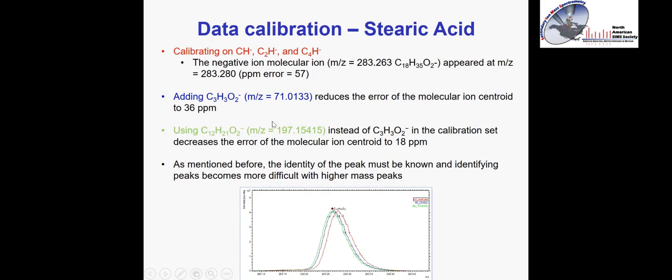And so in the case of this, because stearic acid fragments in an easily determined way, with subfragments cutting this chain apart, it's easy to find higher mass ions for the calibration of these higher mass peaks.